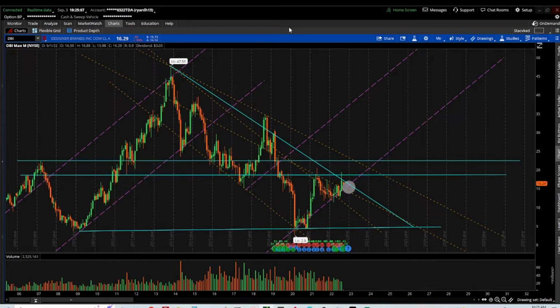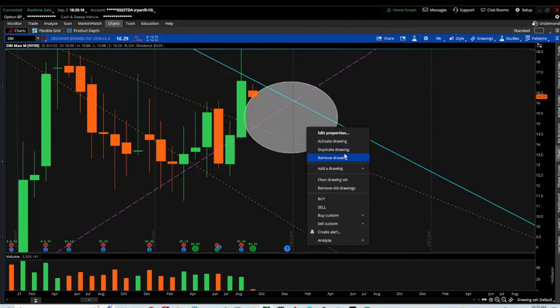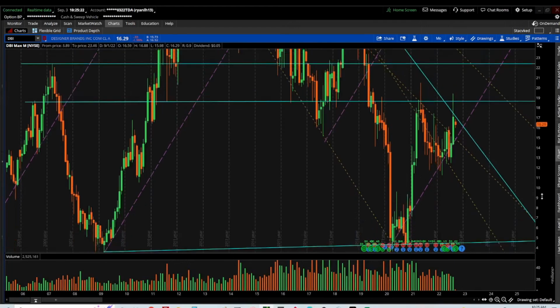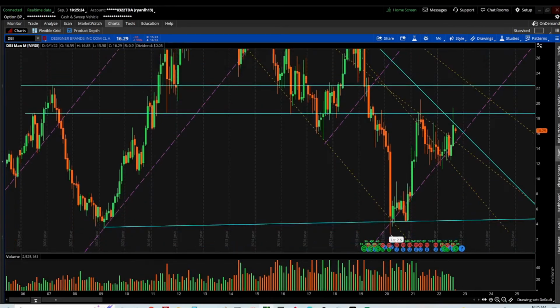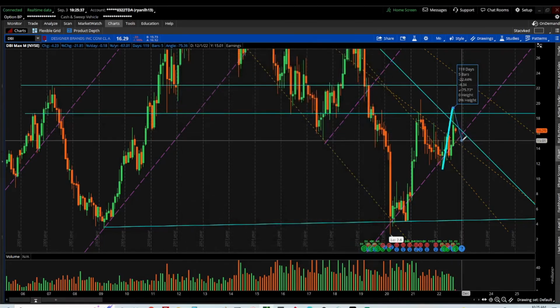Again, this is a small position for me. I have not added large. I want some confirming action to occur first. But, let me just remove this right here. If we try to look at a puzzle, if we make this a puzzle, we could see we have a flag here. Let's just make this super easy to stand out. We have this flag.